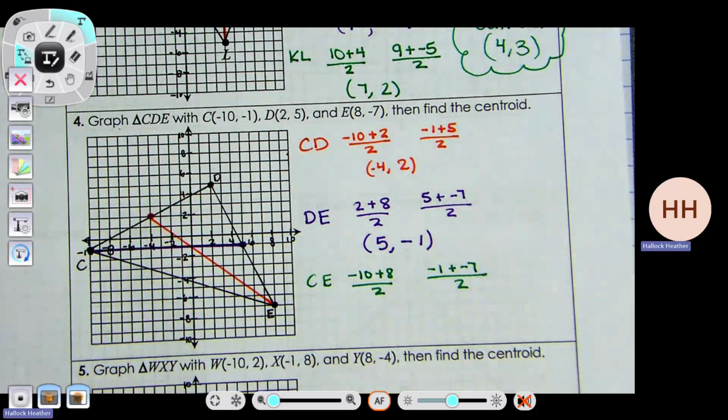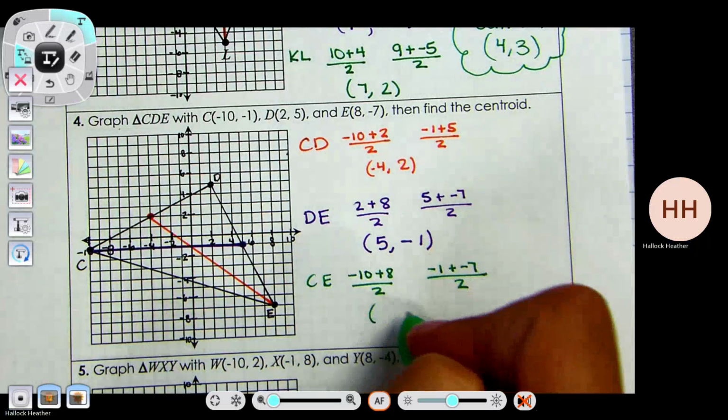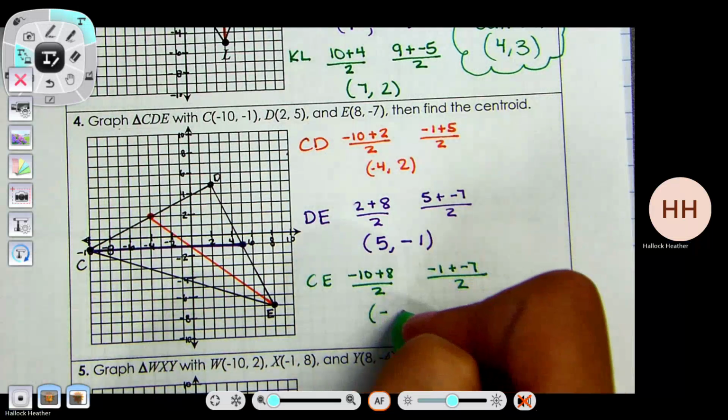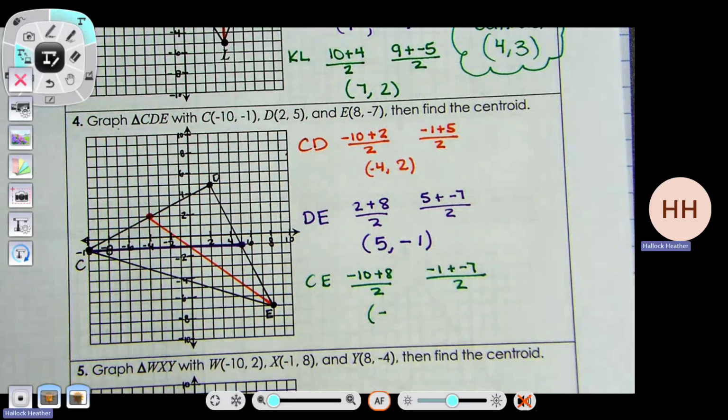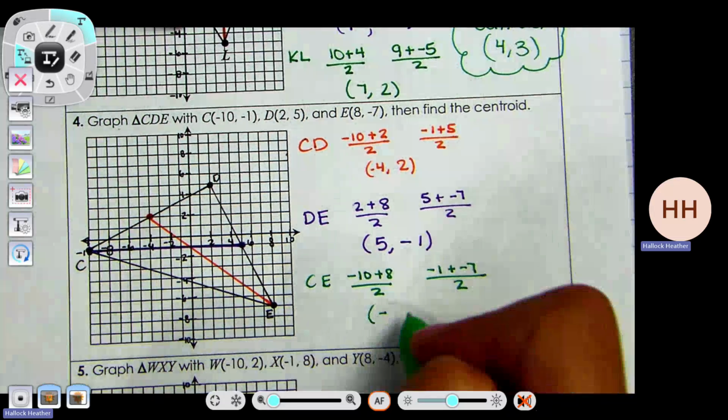And then the last one, CE, should be what? Does anybody get the point? Oh, -1.